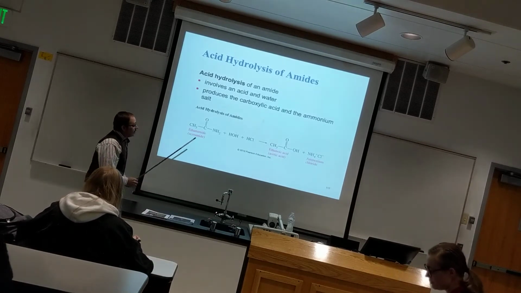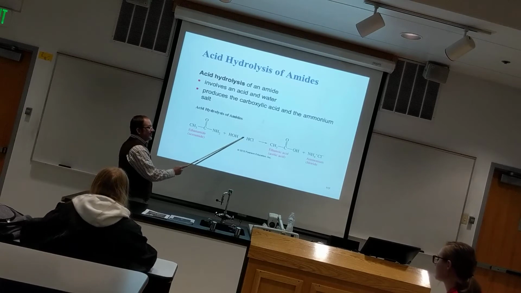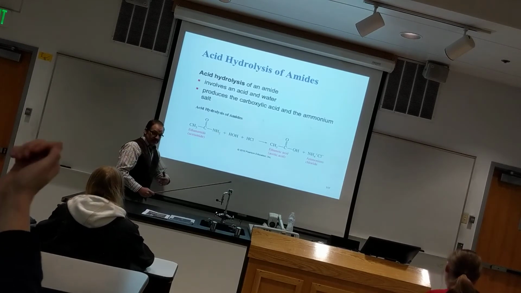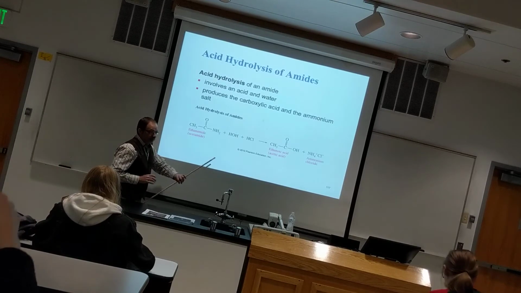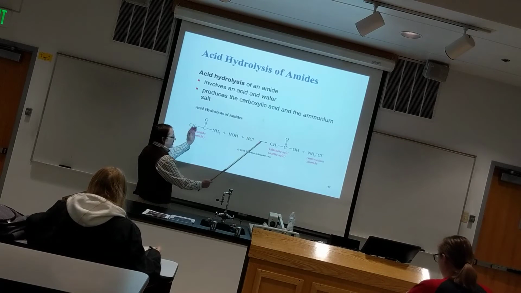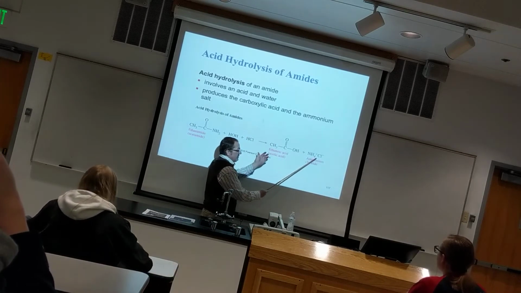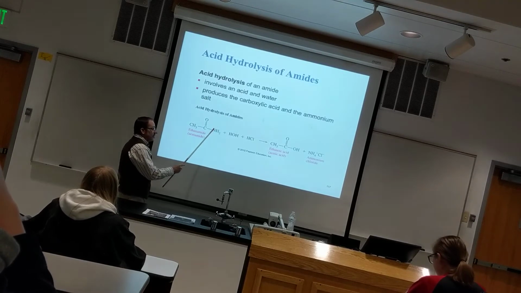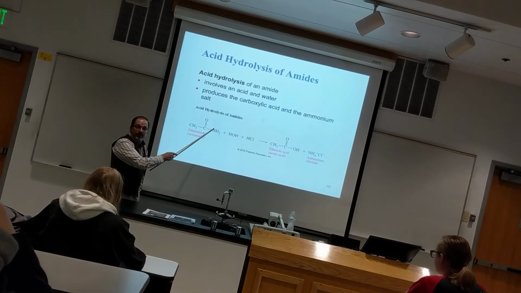So if I'm taking, for example, this is going to be an acidic hydrolysis. What they want you to know is that if you do acid hydrolysis, you get the carboxylic acid and an ammonium chloride. Now, what really happens here is this nitrogen has a lone pair on it.